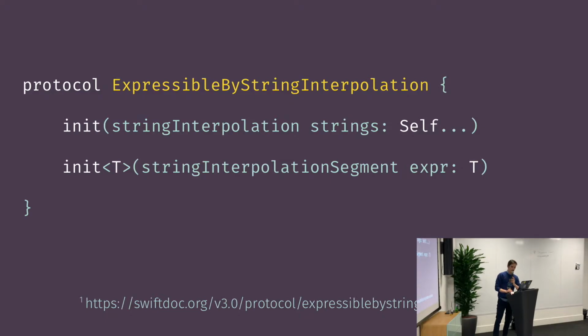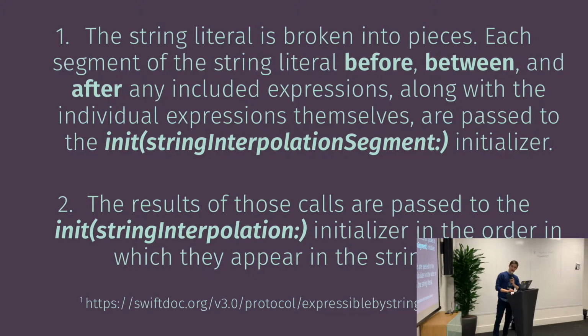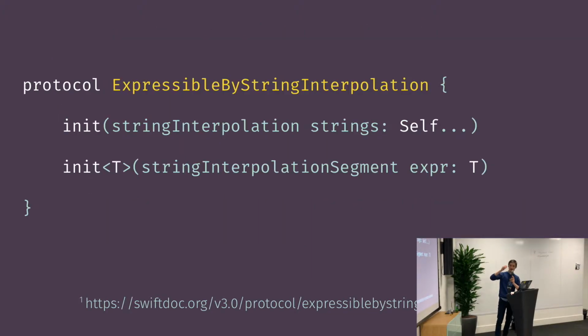One of the requirements of this protocol is that your type needs to implement the constructor init(stringInterpolation:) that accepts Self. This is an interesting detail. And then there is another constructor which is generic over its parameter, called init(stringInterpolationSegment:).